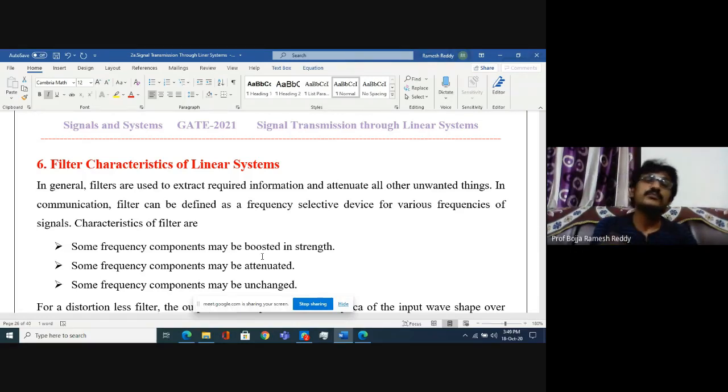For low power systems, you can go for batteries. For high power systems, batteries are not economical. That's why we go for RPS. RPS, regulated power supply, is a device which produces constant output regardless of variations in input. Our line supply produces AC; to get constant DC, we can go for RPS.